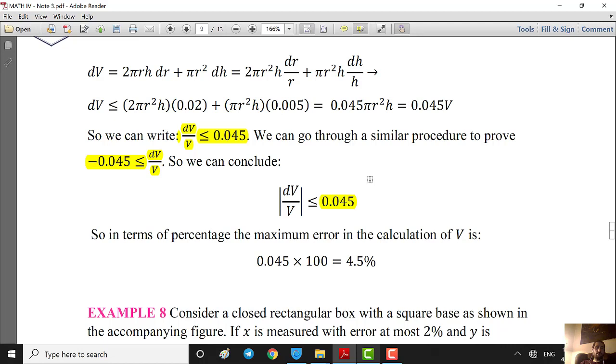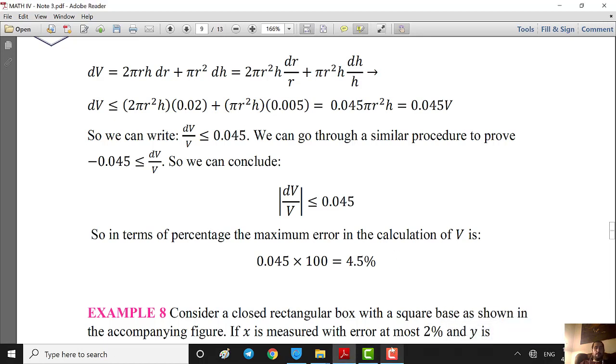So we're not going to have an error bigger than 4.5%, and we're not going to have an error smaller than minus 4.5%. That is the meaning of the absolute value sign that is included here.